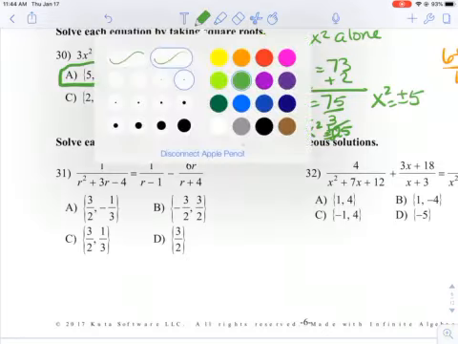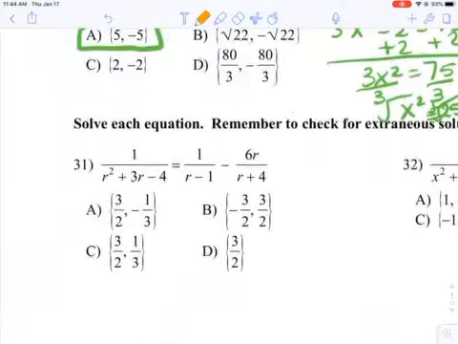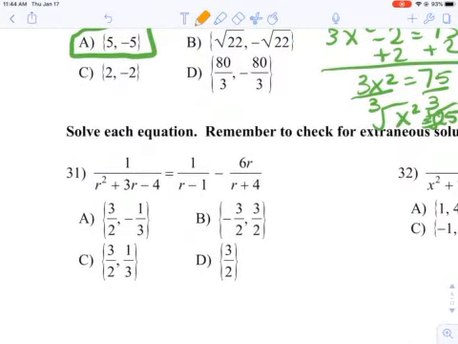Okay, this one I might run out of room for, but we're going to try it anyway. So this one we have r plus 4, r minus 1 on the bottom here, and we're going to do that all the way through.